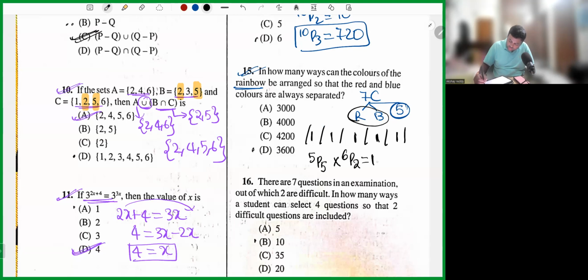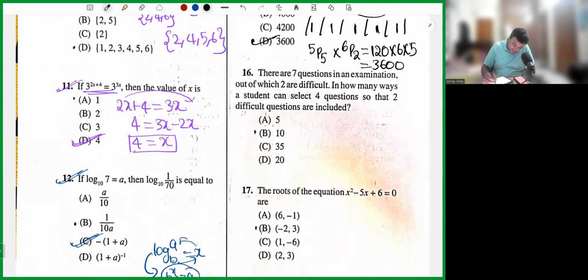So 5P5 is 120, 6P2 is 6 into 5. So 120 into 6 into 5, 3,600. So what's the answer, my dear friends? Answer is 3,600. Simple sum, sir. Nothing much difficulty.